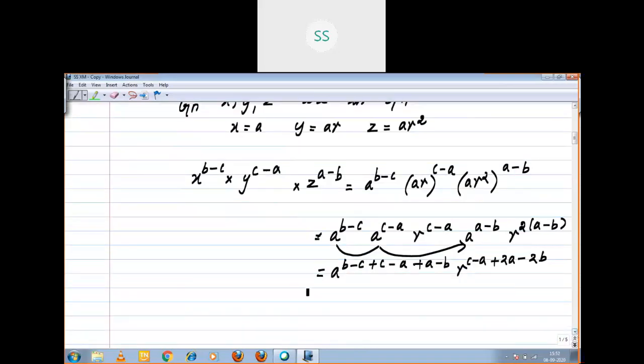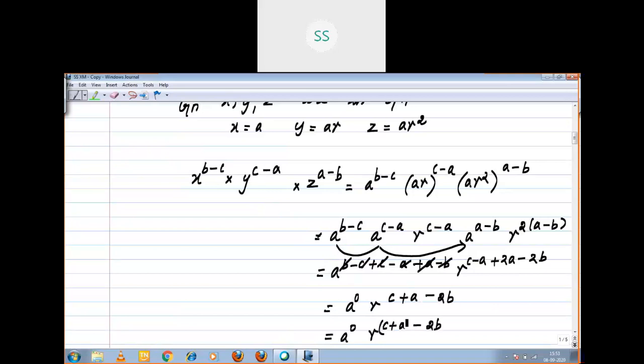See here, plus B minus B, plus A, plus C minus C. So your result is A power 0 into R power C plus A minus 2B.